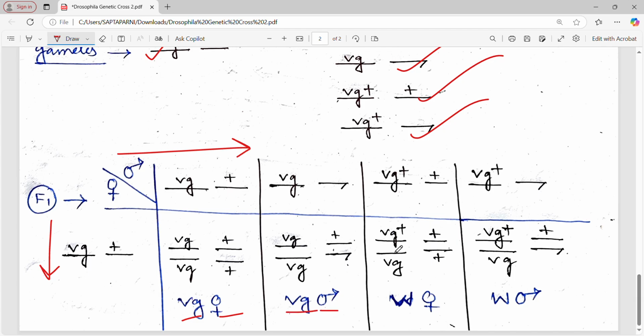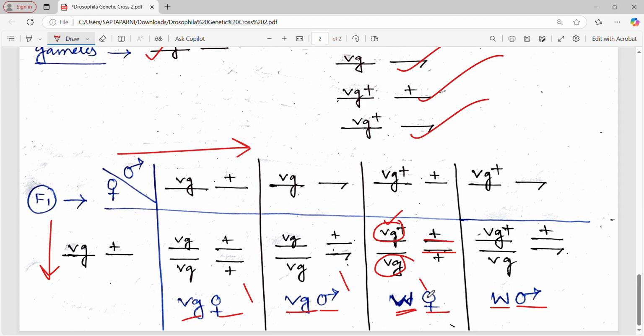Then next is Vg plus and Vg, that means it is wild type, as we know that Vg plus is dominant over Vg. So in heterozygous condition only the phenotype of Vg plus will be shown, so it is a wild type or normal winged Drosophila, and as it has two X chromosomes, it is female. And then Vg plus Vg with X and Y chromosomes, it is a wild type male.